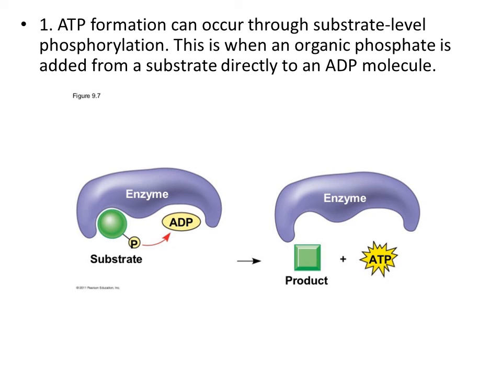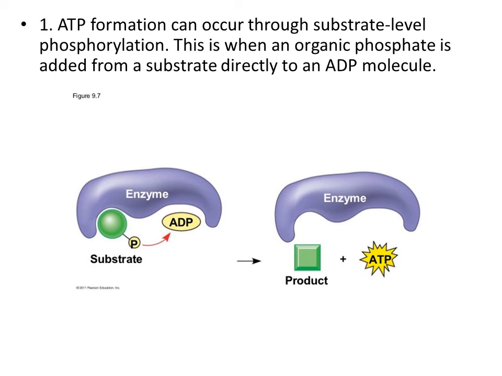The first way to generate ATP is called substrate-level phosphorylation. This occurs when an organic phosphate is added from a substrate directly to ADP. So whenever we say I'm making energy, you are creating ATP, a molecule that has 3 phosphate groups.